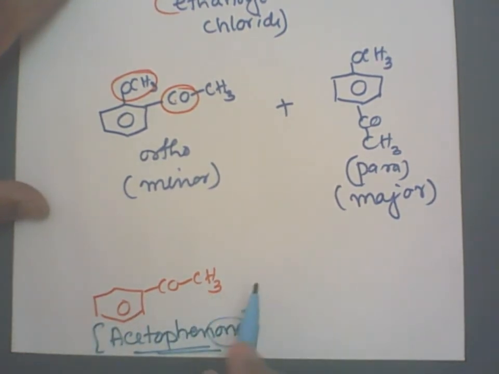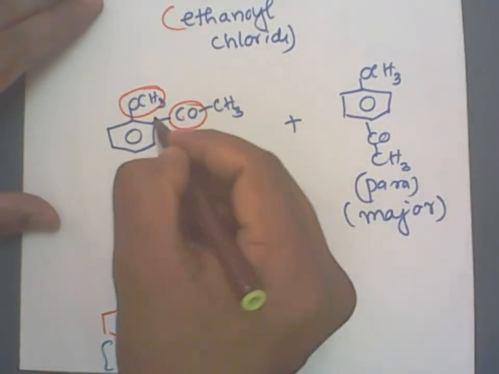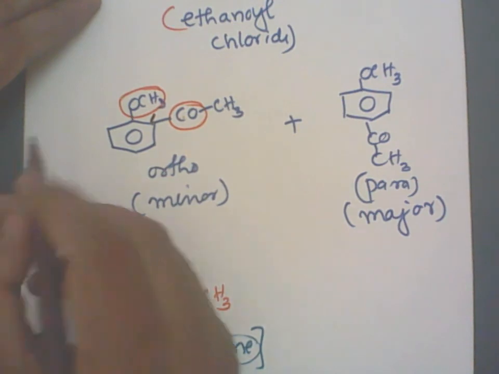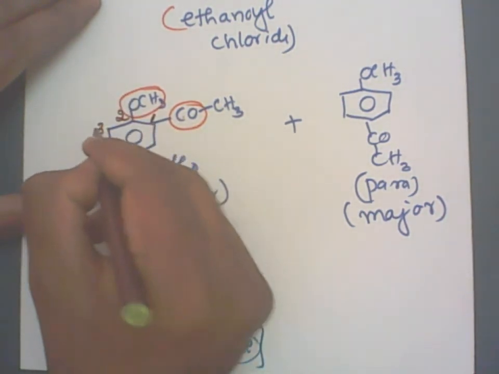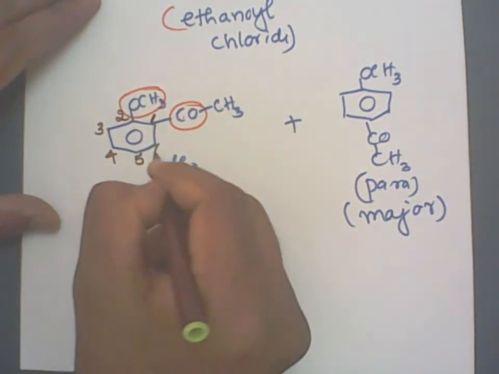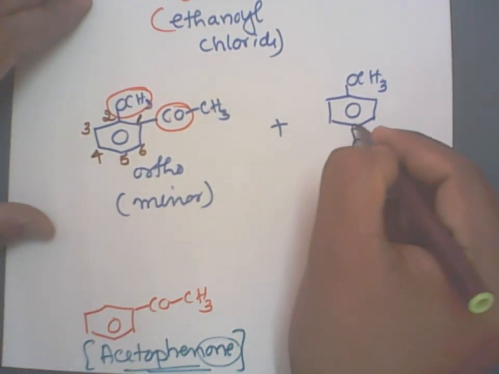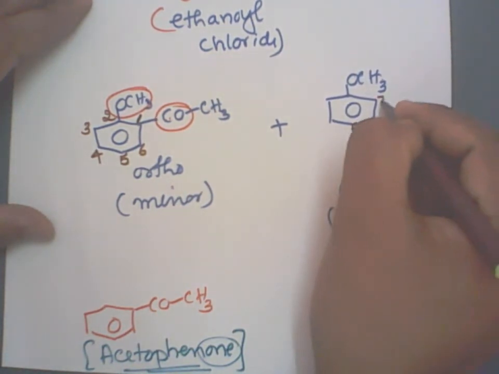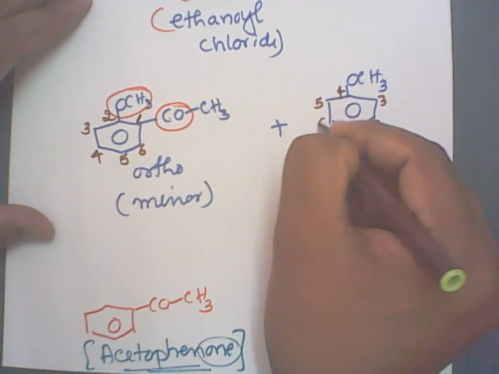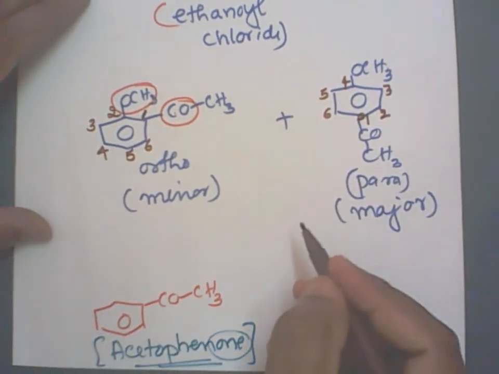Acetophenone. With respect to the acetophenone group, with respect to the functional group, carbon number 1, carbon number 2, carbon number 3, carbon number 4, 5 and 6. Here also, with respect to keto, 1, 2, 3, 4, 5 and 6. Correct?